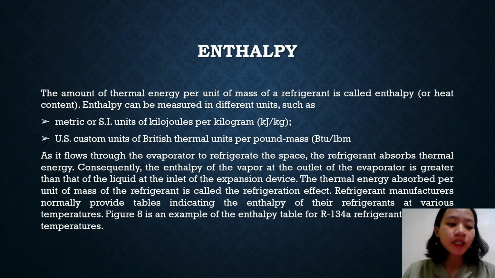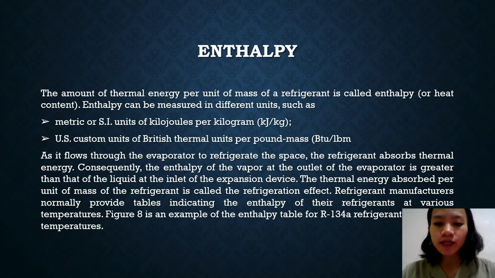The refrigeration cycle of a system can be represented by a simplified pressure enthalpy diagram of the refrigerant it uses. Having a brief discussion about enthalpy, the amount of thermal energy per unit of mass of a refrigerant is called enthalpy. Enthalpy can be measured in different units, such as metric or SI units of kilojoules per kilogram, or US customary units of British thermal units per pound mass.